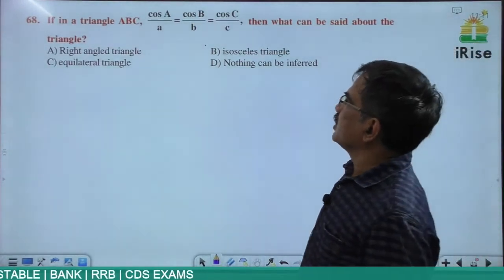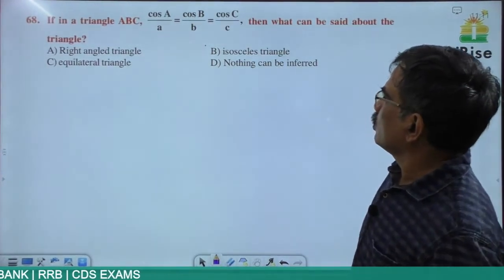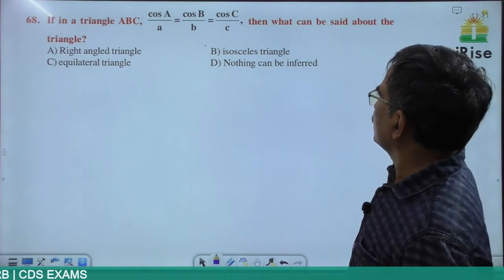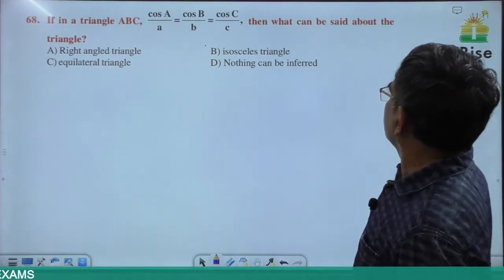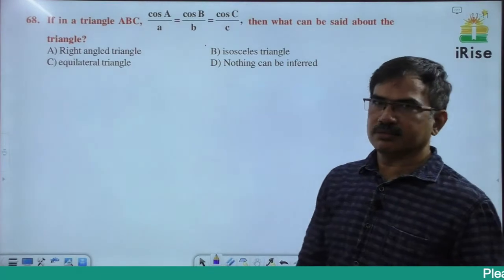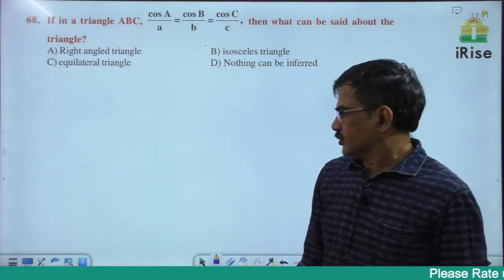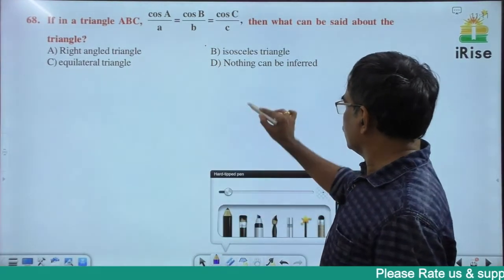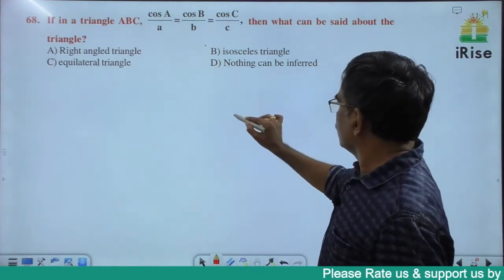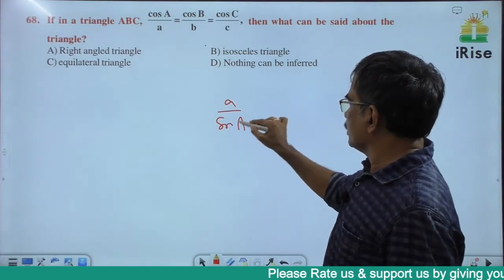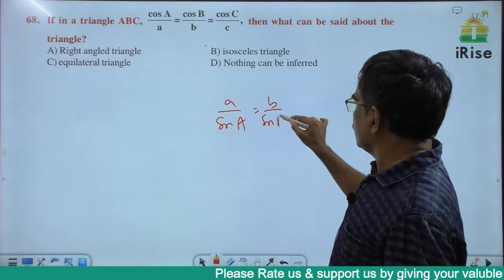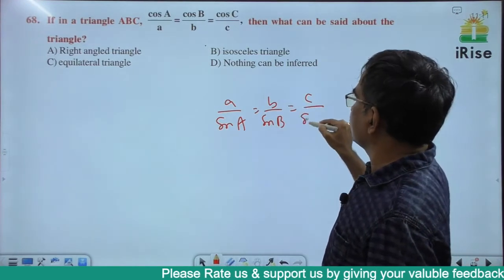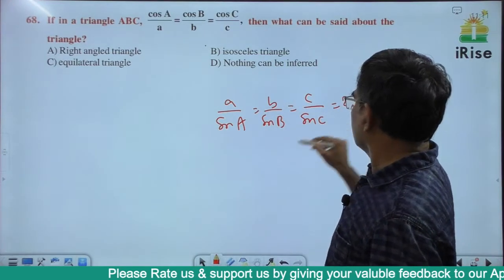In a triangle ABC, cos A by A is equal to cos B by B is equal to cos C by C. Then what can be said about the triangle? Here, if you know this concept, A by sin A is equal to B by sin B is equal to C by sin C is equal to 2R.